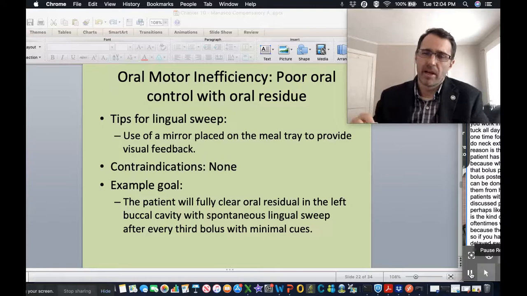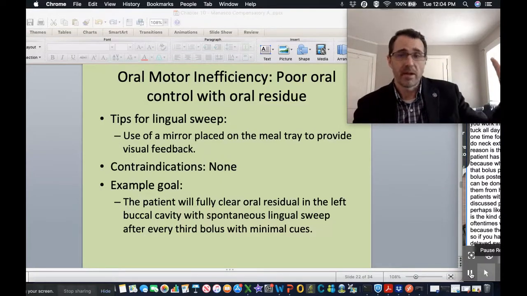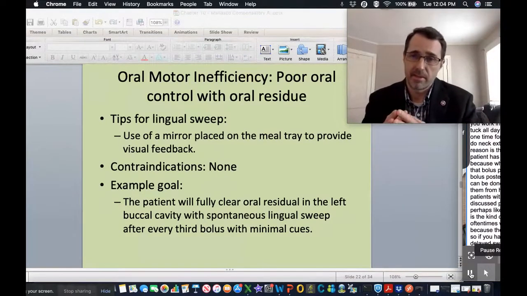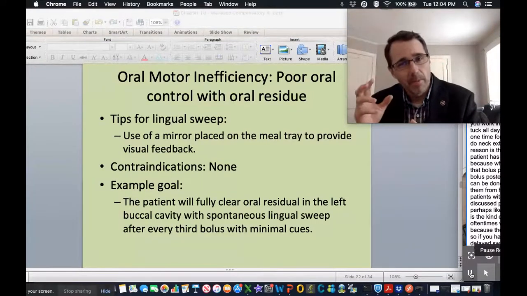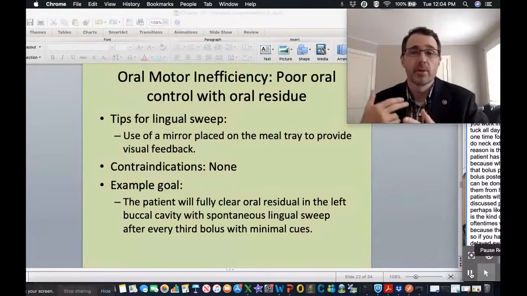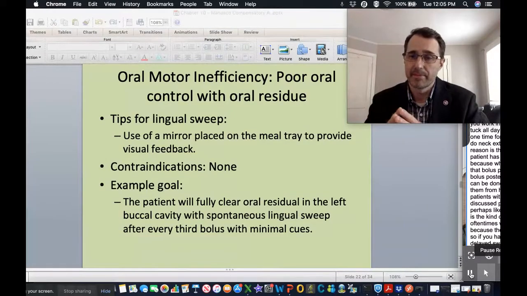And if they're able to do the lingual sweep with a verbal cue from the caregiver or the nurse or the speech therapist, that's even better. And if they have the appropriate cognition and memory to be able to independently recall and use the lingual sweep, then obviously that is even better.